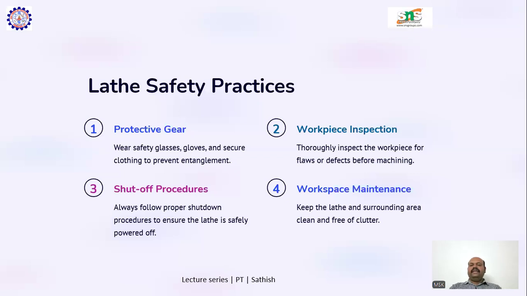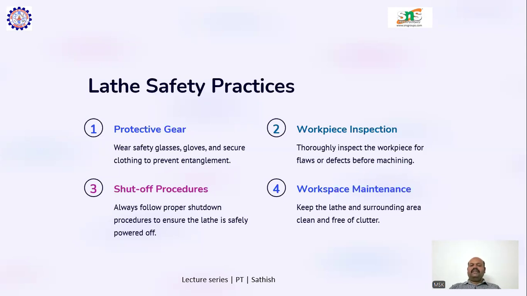Lathe safety and practices. Whenever we handle any machine tools, we need to have certain safety factors. One is protective gear. You have to wear safety glasses, gloves, and secure clothing to prevent entanglement. All the parts are rotating at high RPM, and it has a huge torque.